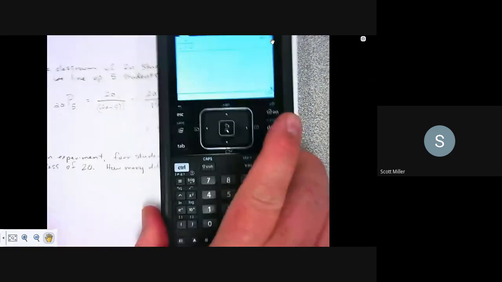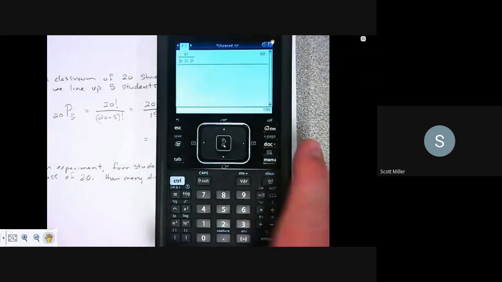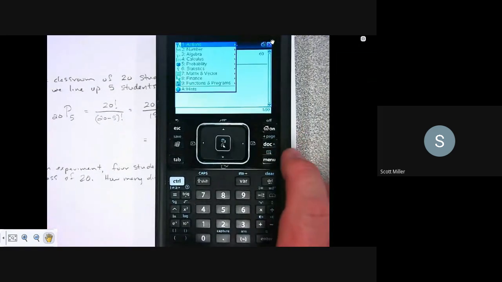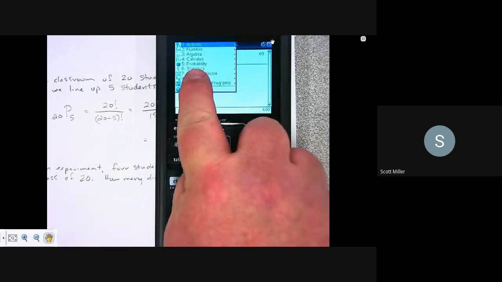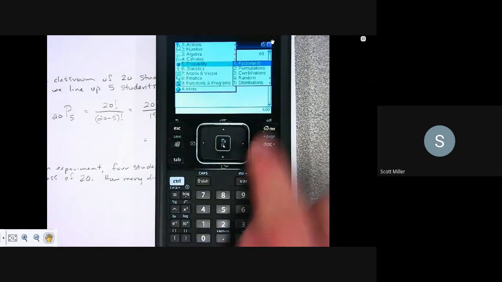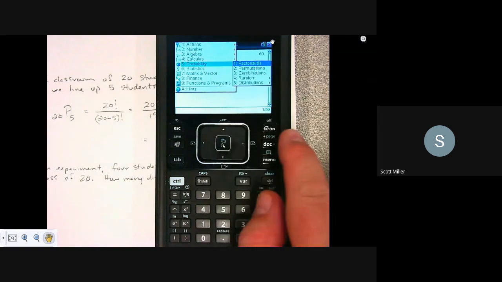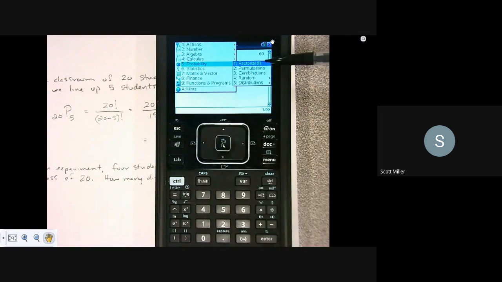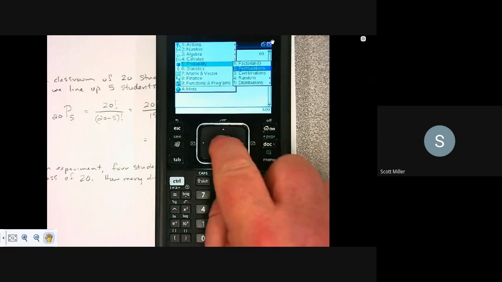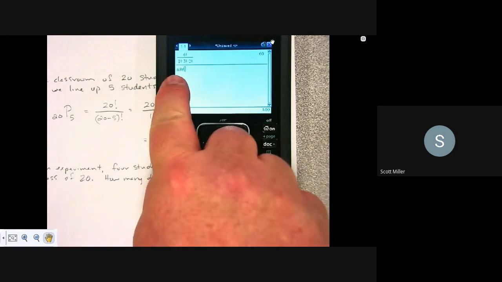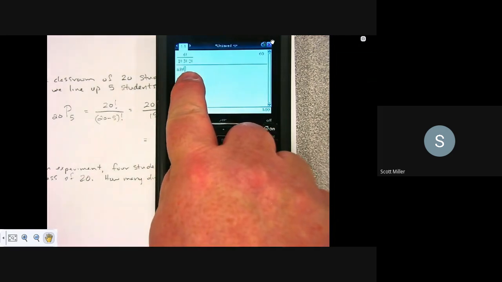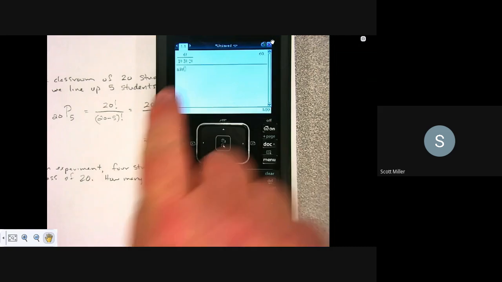On the calculator, there is a way to get to it. In the calculator screen right here, push menu. And then you go to probability, number 5. And right there is number 2, which is called permutation. Oh, and there's also another spot for factorial right there. So you can get a factorial in the same spot. We'll go down to permutation. In nPr, there's a blinking cursor in the parenthesis, and here you need to type in 20.